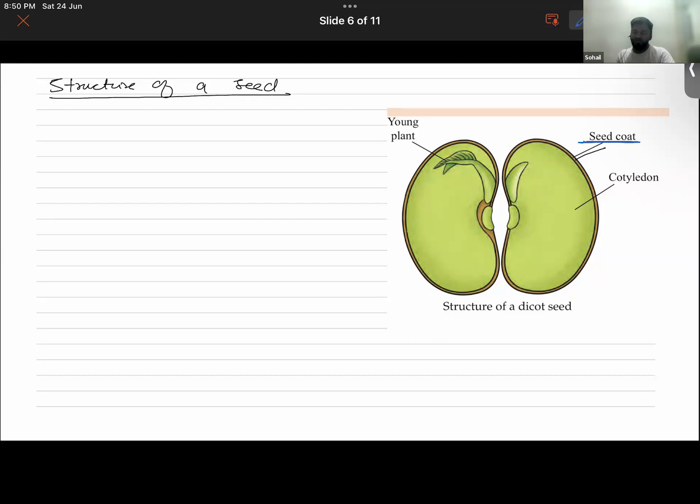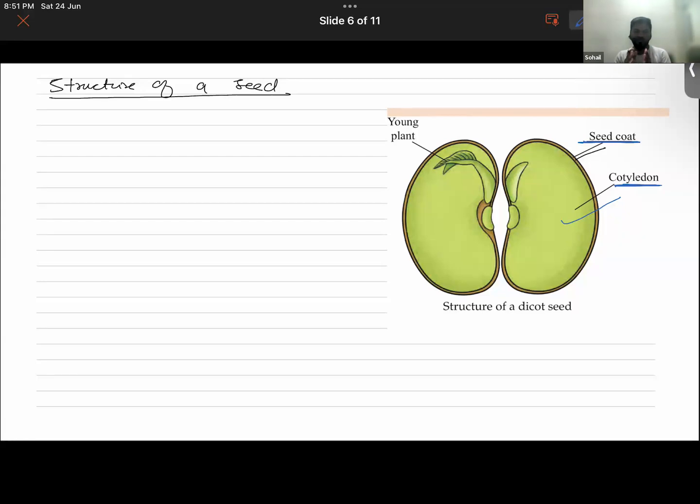Now inside the seeds, you will see there are fleshy seed leaves. This fleshy region is called the cotyledon. If you take a chana, you can split it into two from the middle, right? And each half is identical to the other.